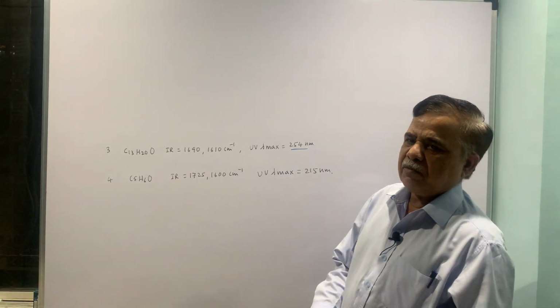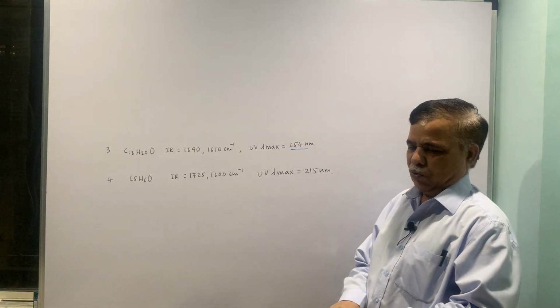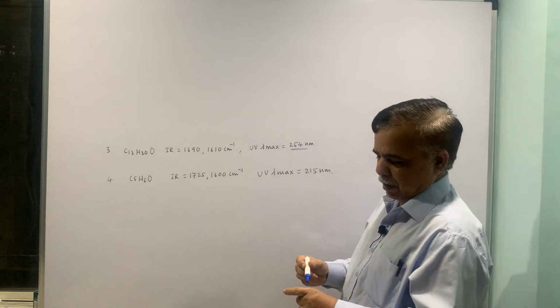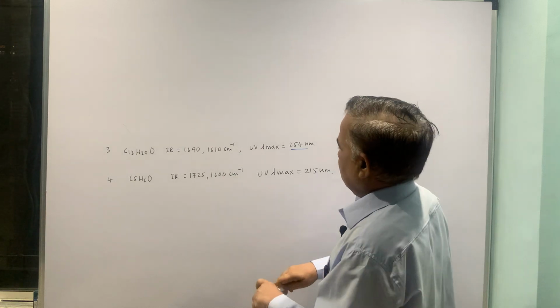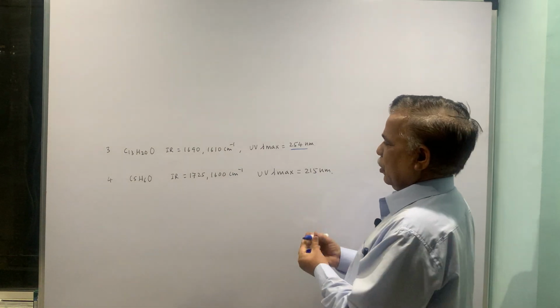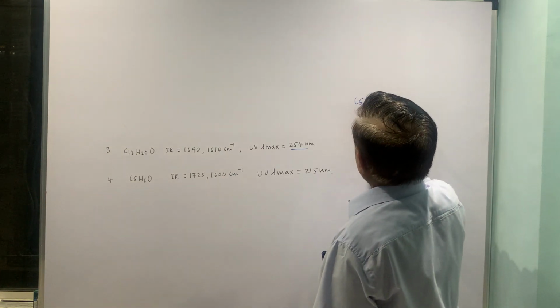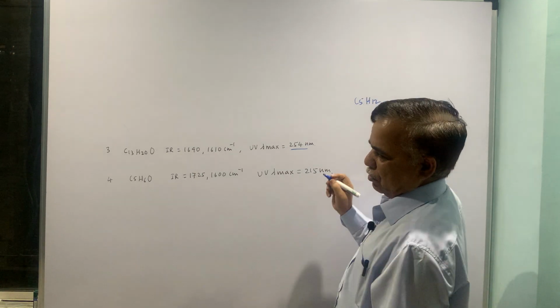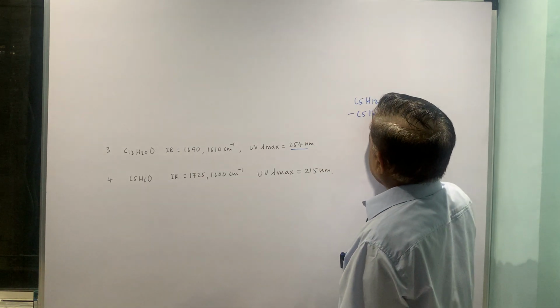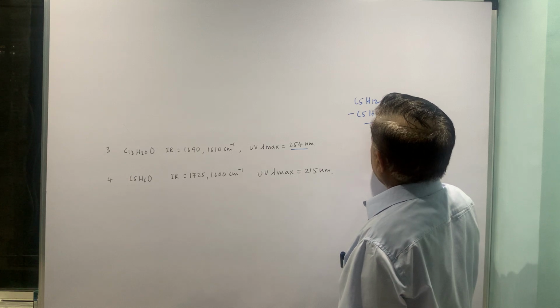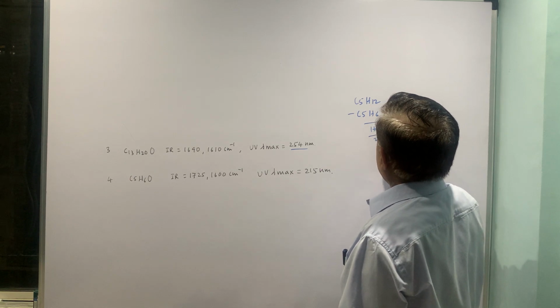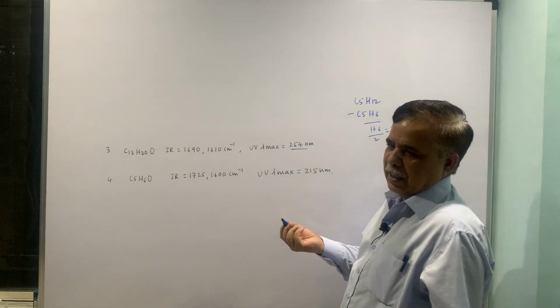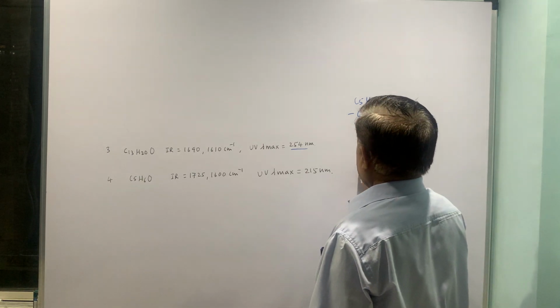C5H6O, C5H12, C5H6O. 6 hydrogens are missing, so the sites of unsaturation are going to be 3. So C5H12, I am neglecting oxygen. C5H6, 3 sites of unsaturation. Now 3 sites, once again there are so many possibilities.